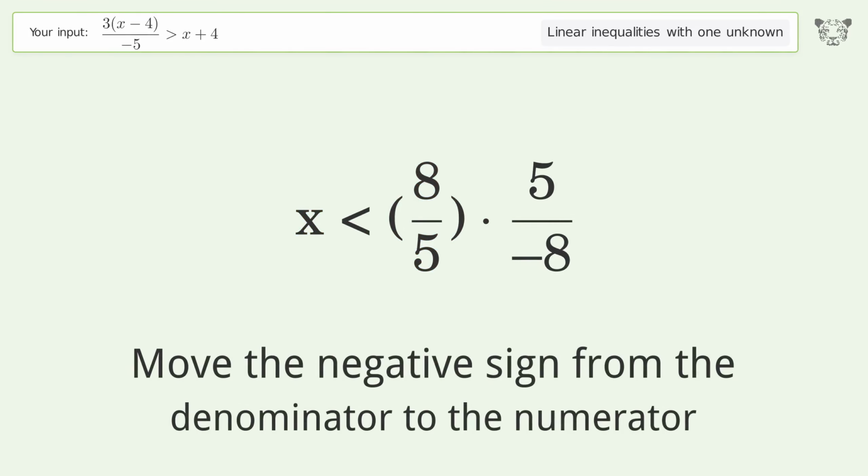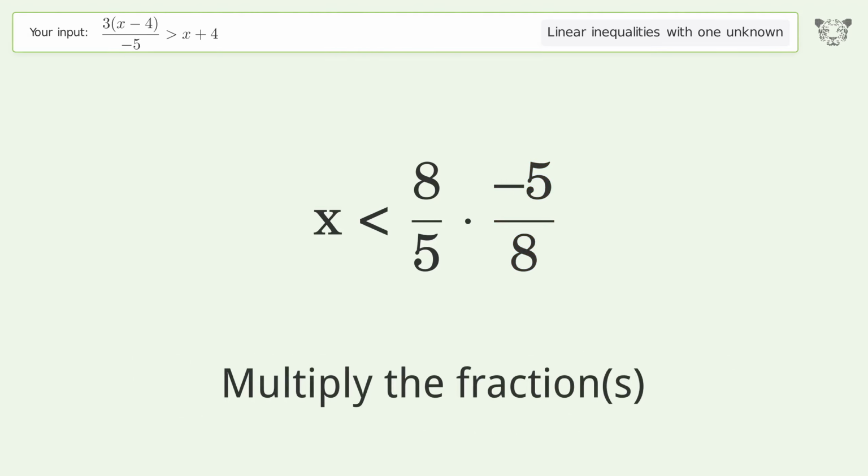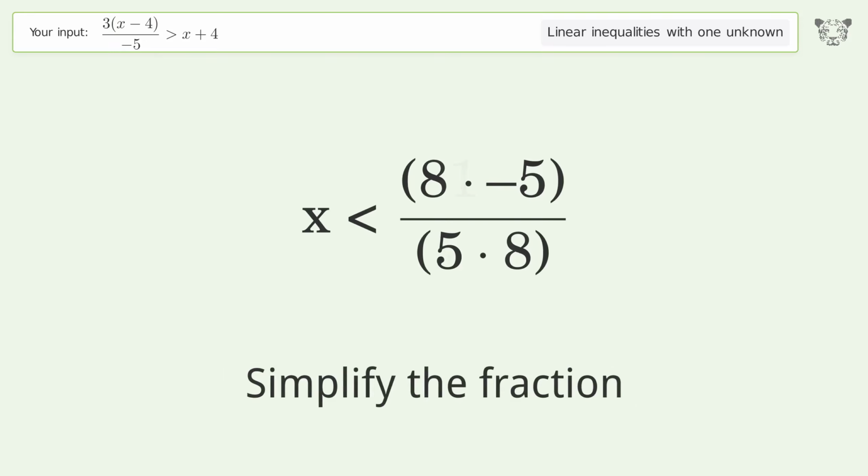Move the negative sign from the denominator to the numerator. Multiply the fractions. Simplify the fraction.